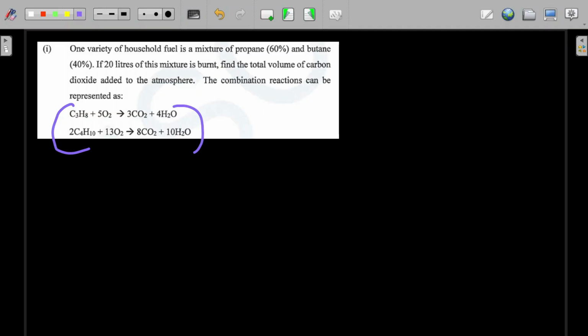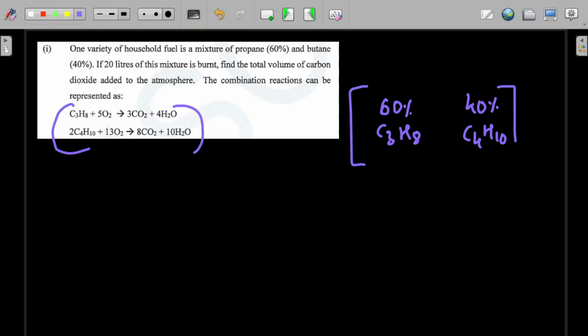Say for example LPG, what we have at home. It is not one single thing, it's actually a mixture of two things: 60% propane, C3H8, and butane will be 40%, C4H10. Now the total volume, how much have they taken? 20 liters.